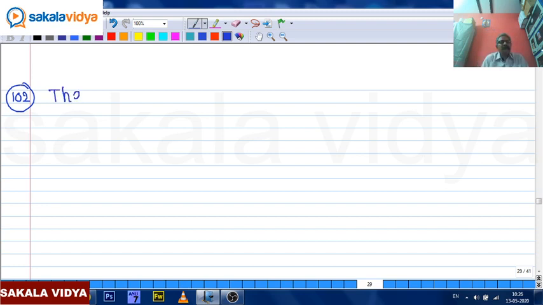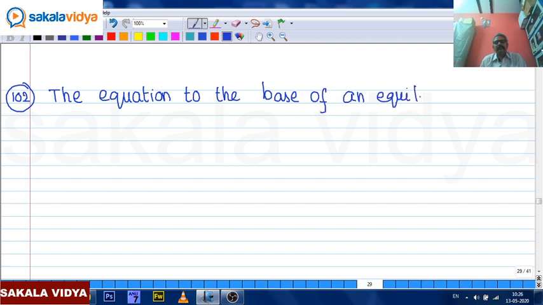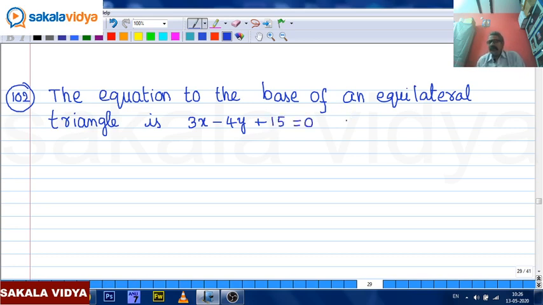The equation to the base of an equilateral triangle is 3x minus 4y plus 15 is equal to 0, and one vertex is 1 comma 2.